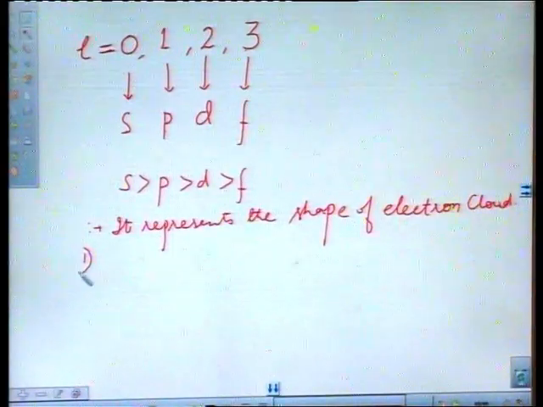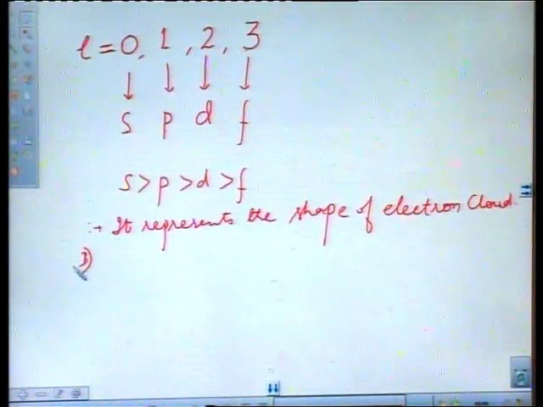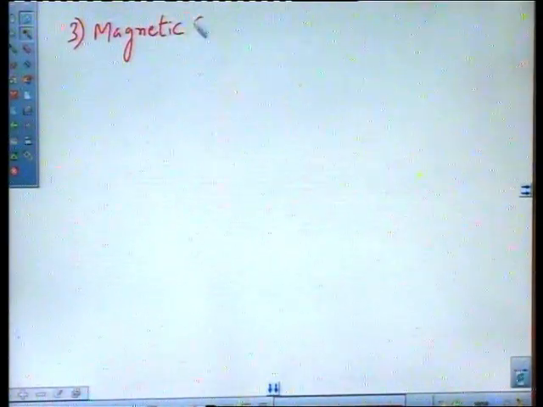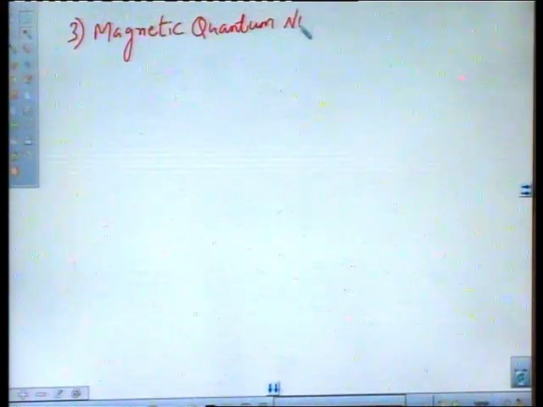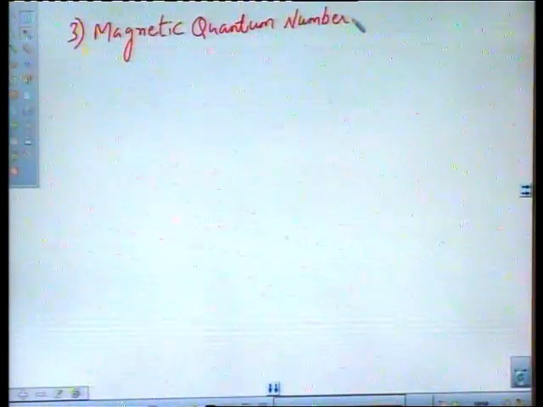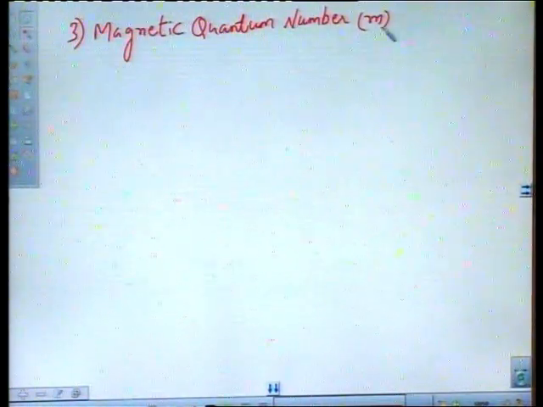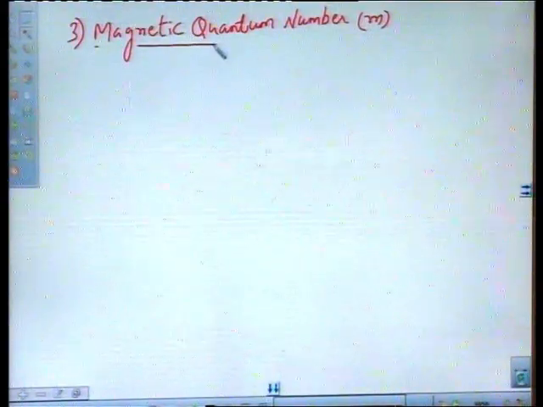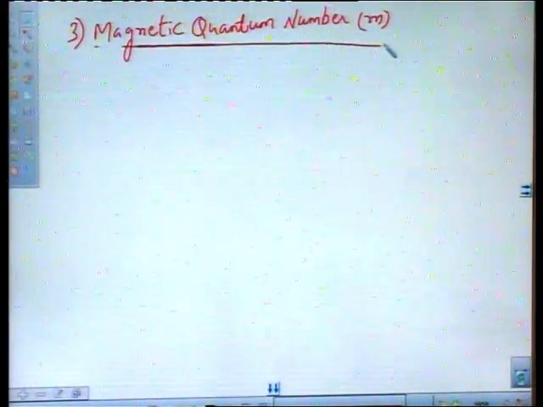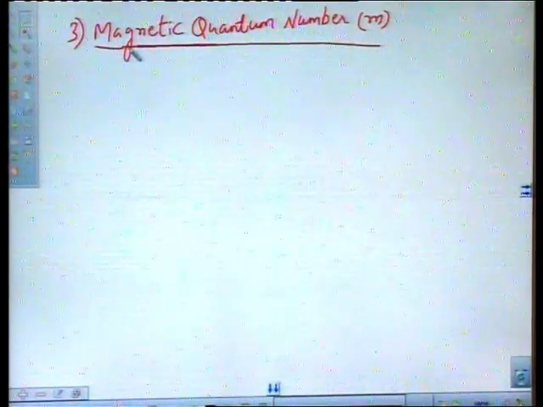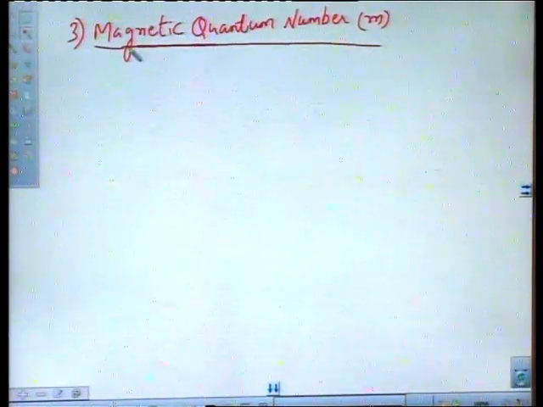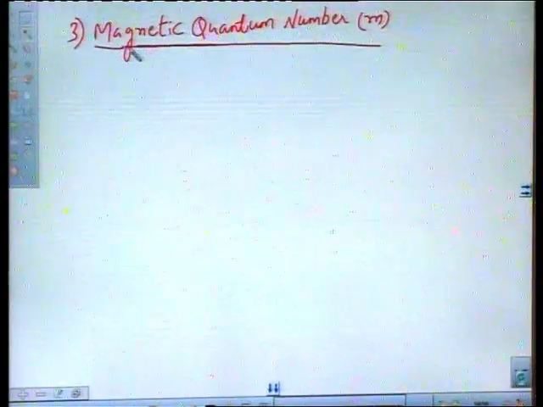Next is the magnetic quantum number. When charge moves, there is an electric field and a magnetic field around that charge.